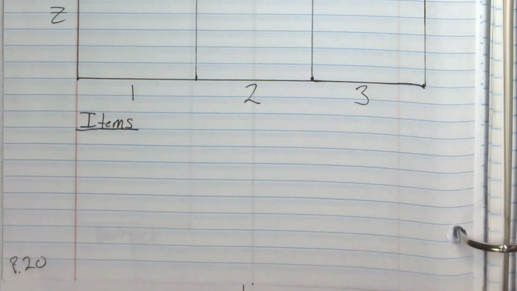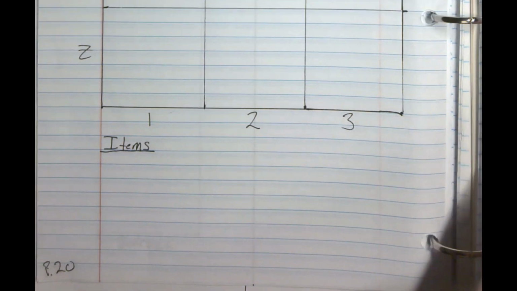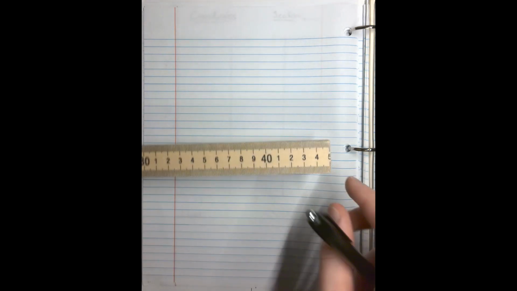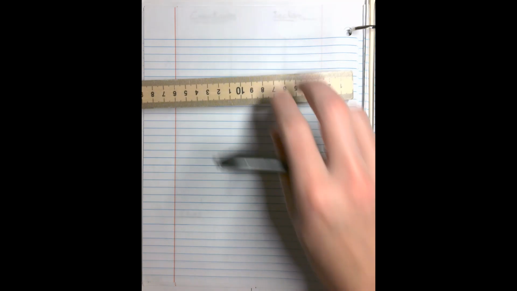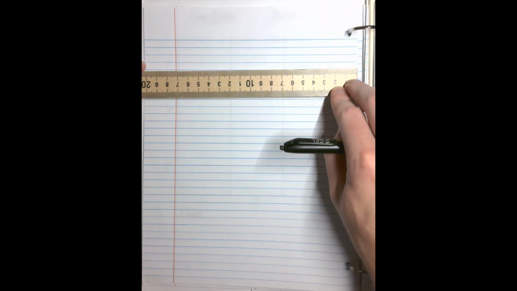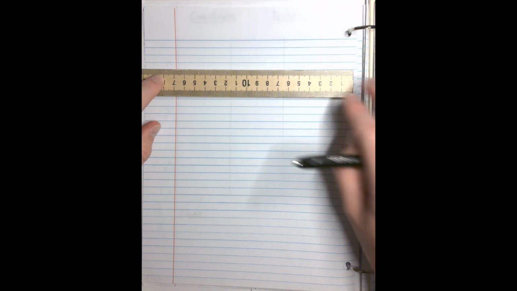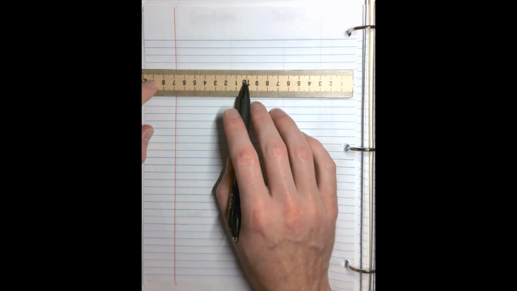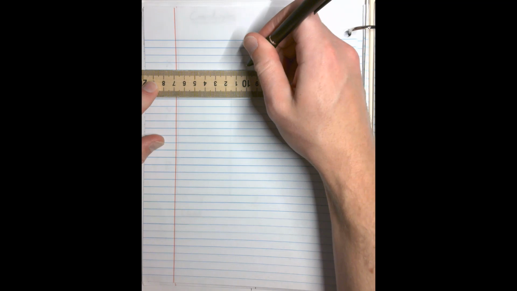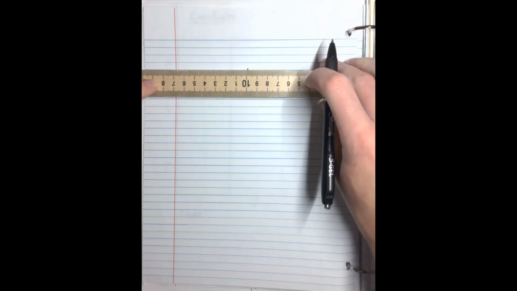Our final tab is actually pretty straightforward. We're going to be cutting this, not cutting, but splitting it, I should say, in 2. So let's put it at about 10 centimeters. Put a dot there, and a dot here.